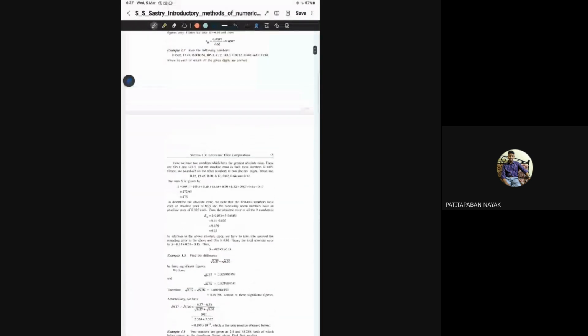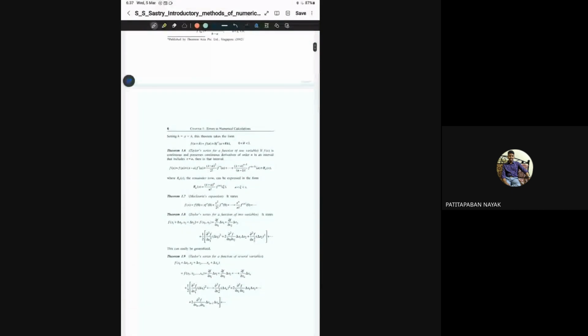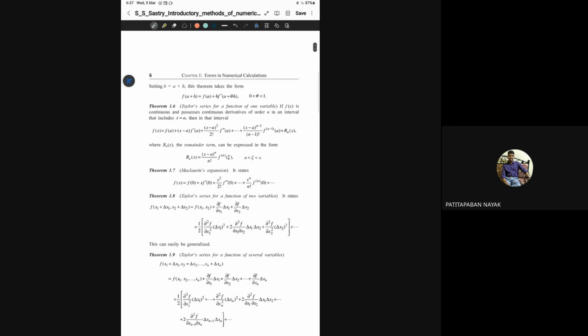For others, I'm just trying to show this. You see, f(x) = f(a) + (x - a) f'(a), where f'(a) is df/dx evaluated at a, plus (x - a)^2 / 2! f''(a).